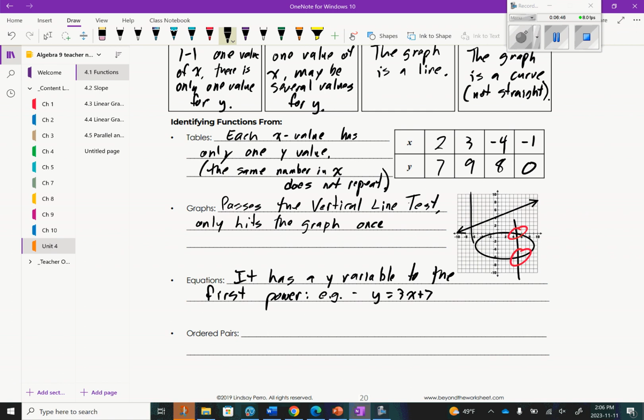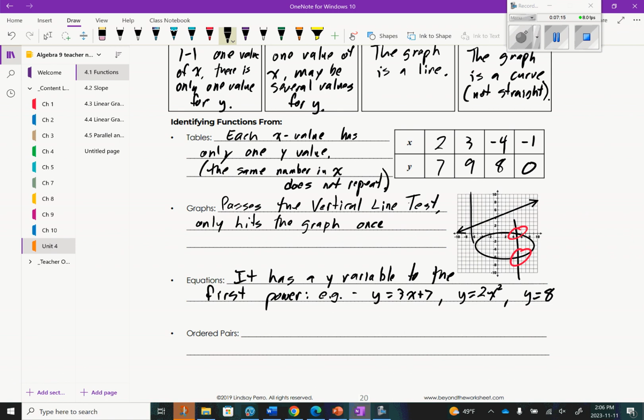That's a linear function. It has a y variable and it's only to the first. We could have y is equal to 2x squared. Now, the square on the x doesn't matter as long as the y variable is only to the first. We could have y equals 8, where there is no x variable at all, but we have a y, it's to the first power.